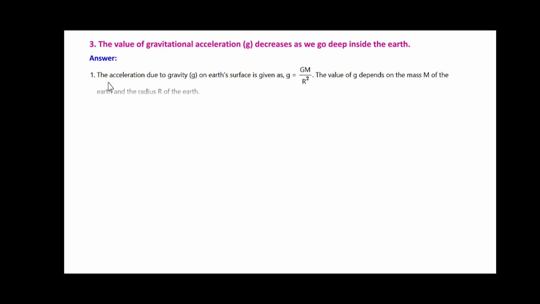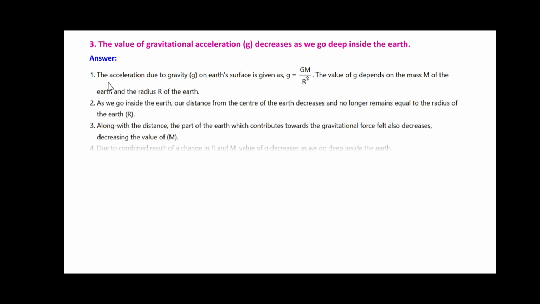The value of gravitational acceleration g decreases as you go deep inside the earth. Friends, the acceleration due to gravity g on the earth's surface is given as g is equal to GM upon r square. The value of g depends on the mass of the earth and the radius capital R of the earth. As you go inside the earth, our distance from the center of the earth decreases and no longer remains equal to the radius of the earth.